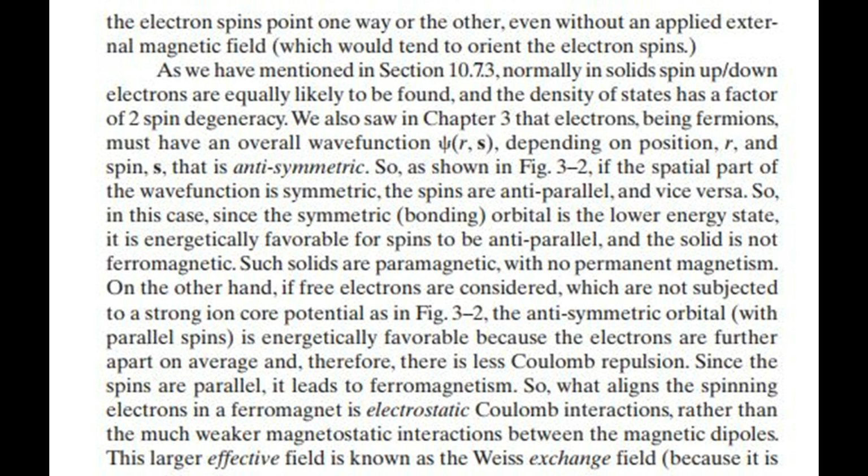So, what aligns the spinning electrons in a ferromagnet is electrostatic Coulomb interactions, rather than the much weaker magnetostatic interactions between the magnetic dipoles. This larger effective field is known as the Weiss exchange field, because it is driven by the antisymmetry of electron wave functions when two electrons are interchanged.